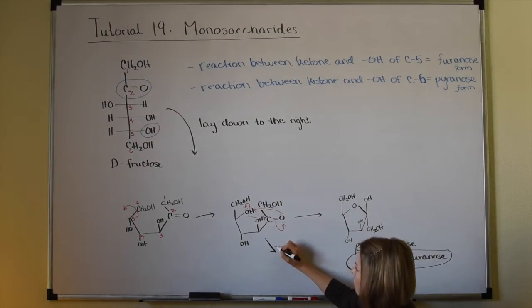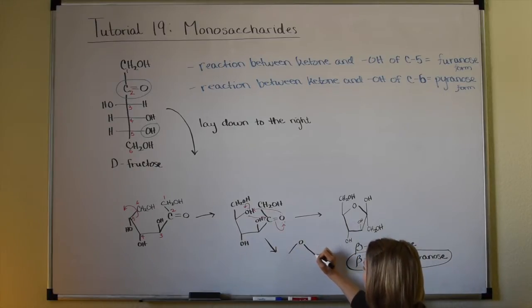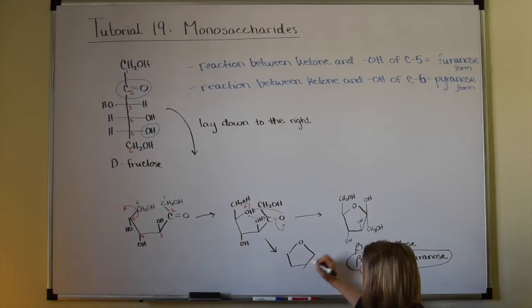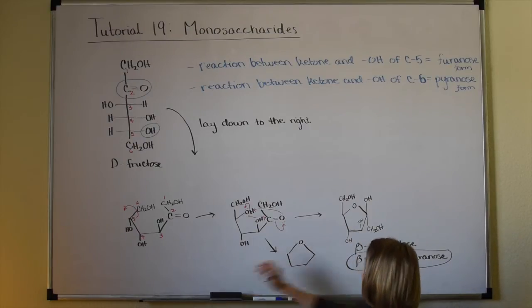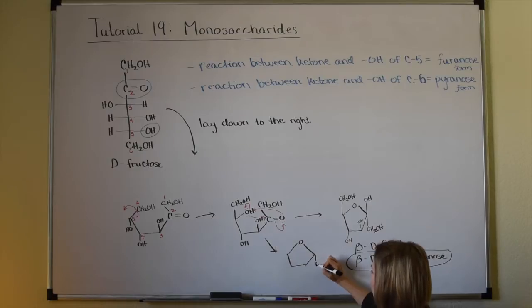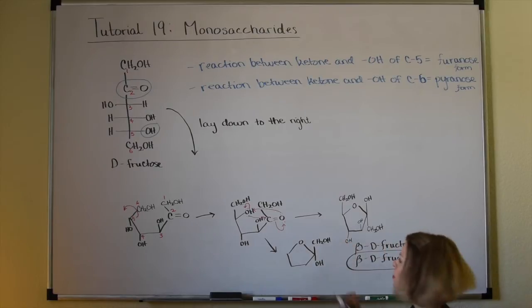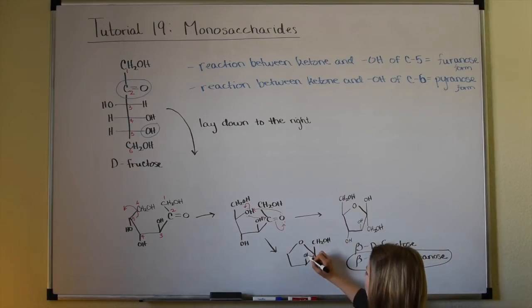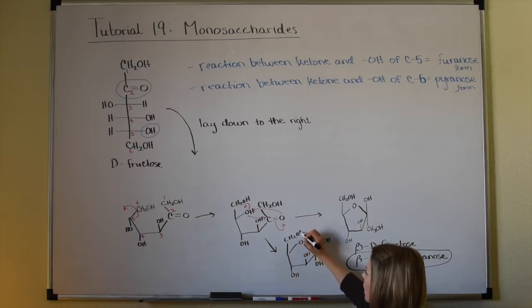Let's do the alpha form down here. So again, a 5-membered ring, that's pretty messy, sorry. Okay, and this time the OH points down and the CH2OH must then point up. Got our OH, up, down, and everything else is the same, CH2OH.